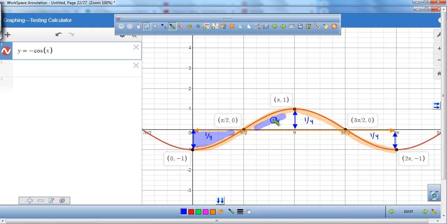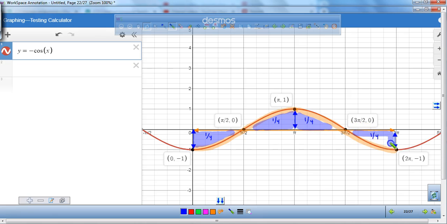That's a quarter, that's a quarter, this is a quarter, and last but not least, this right here is a quarter. All right, so we get 1/4, 2/4, 3/4, 4/4. So all the way across, we call that the period.